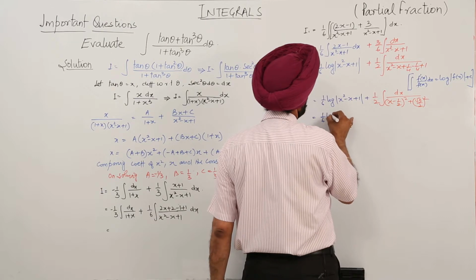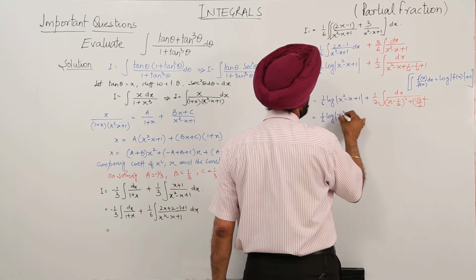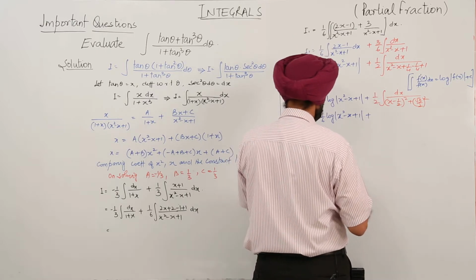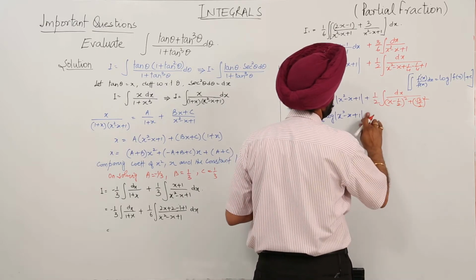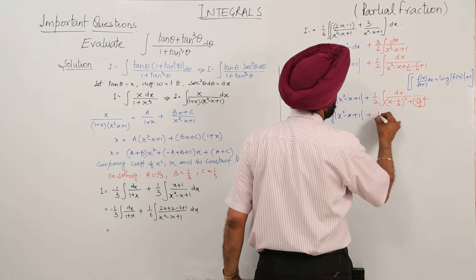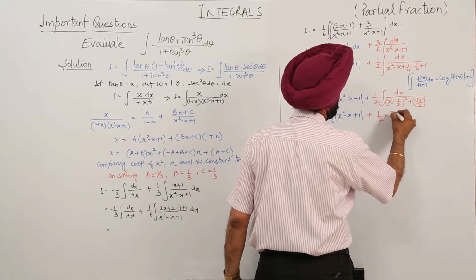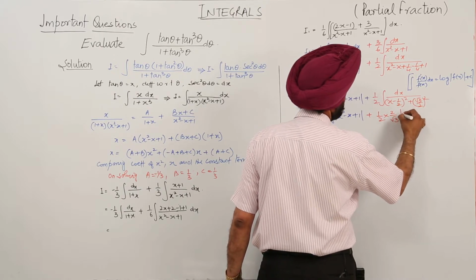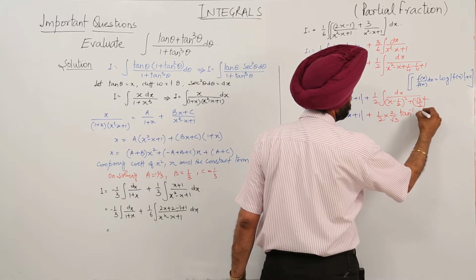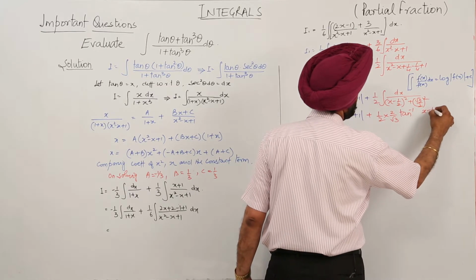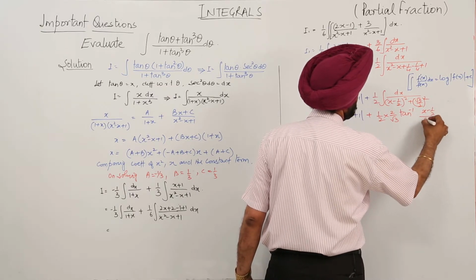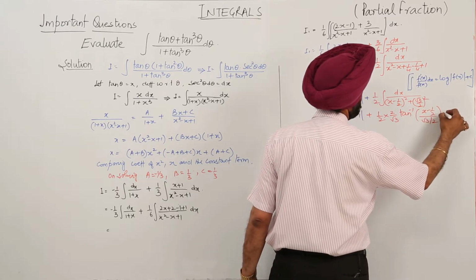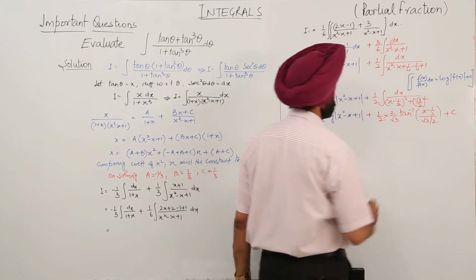This gives 1 by 6 log (x square minus x plus 1) plus 1 by 2 into 2 upon root 3 tan inverse of (x minus 1 by 2) upon (root 3 by 2) plus c.